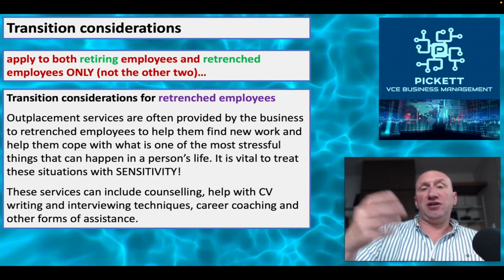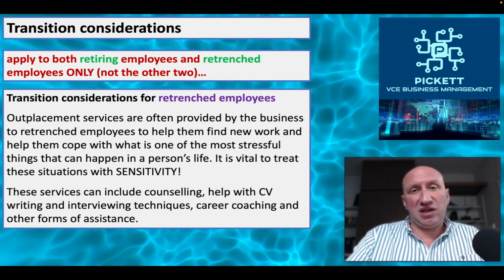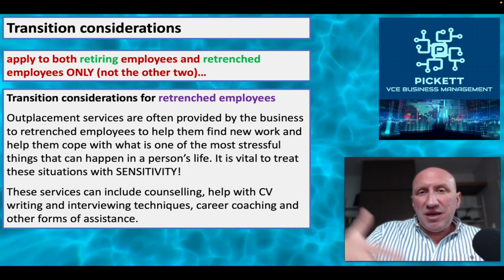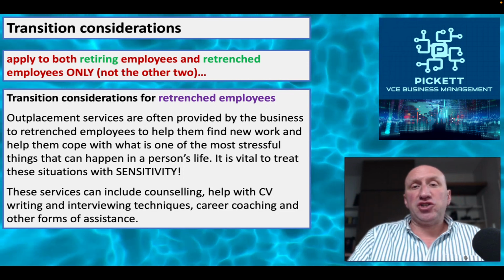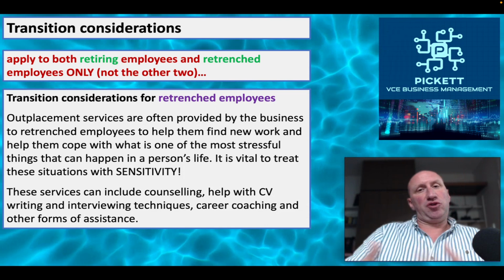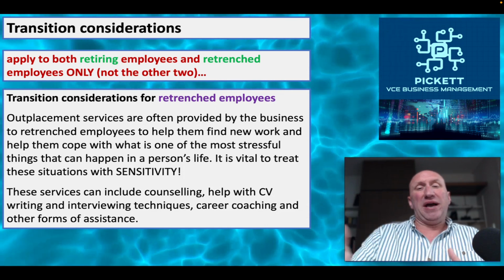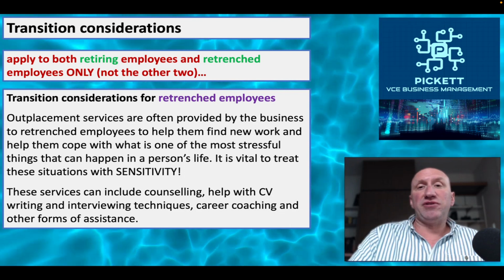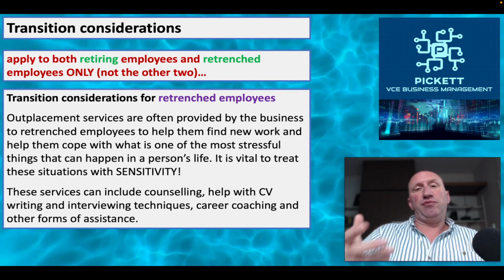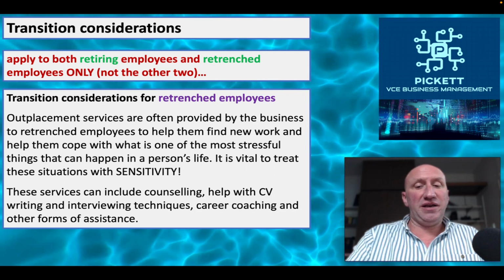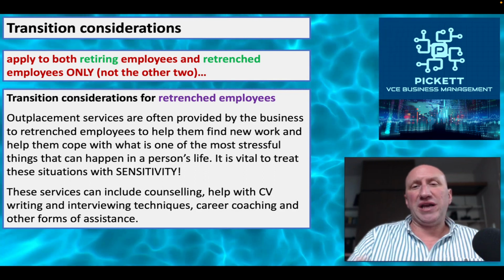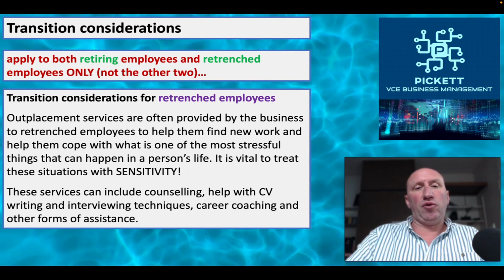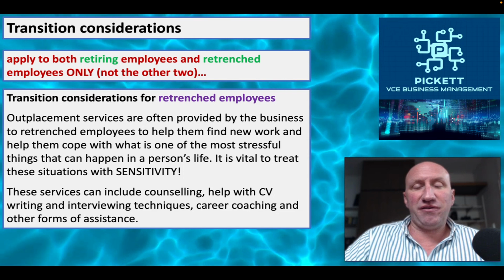You'll be put in touch with an outplacement counsellor or consultant, who would meet with each retrenched employee and counsel them around being retrenched, because that can be very, very stressful. They could help them put together a CV or resume. They could provide some coaching around interview techniques and general career coaching, anything that is going to help that retrenched employee find new employment. That's the idea of outplacement services.